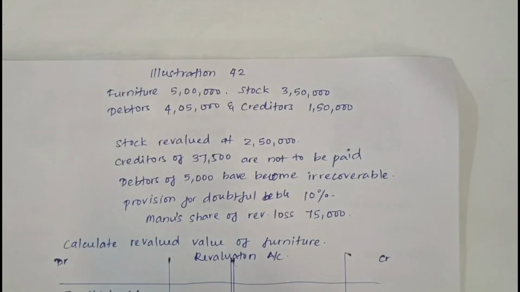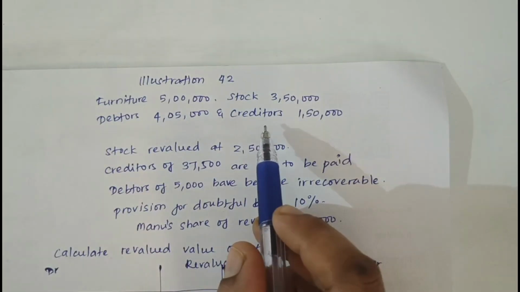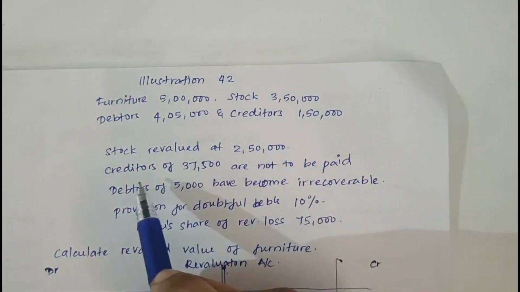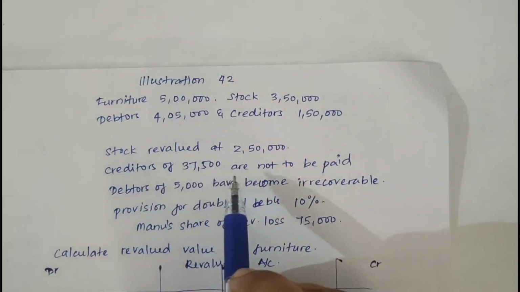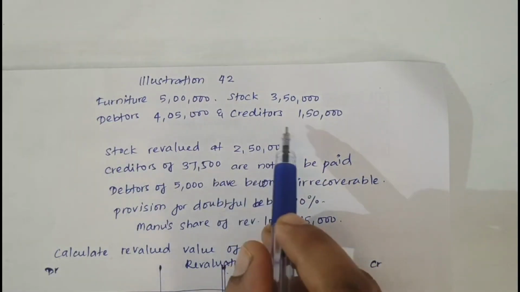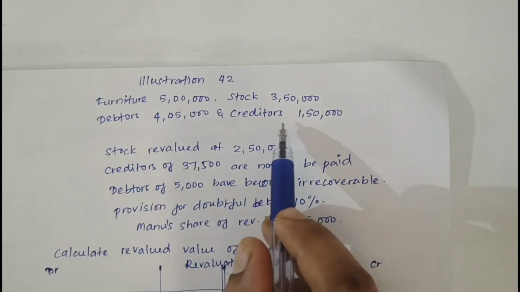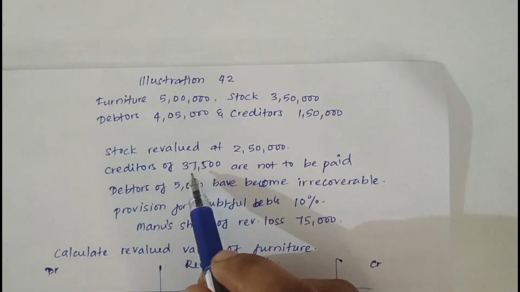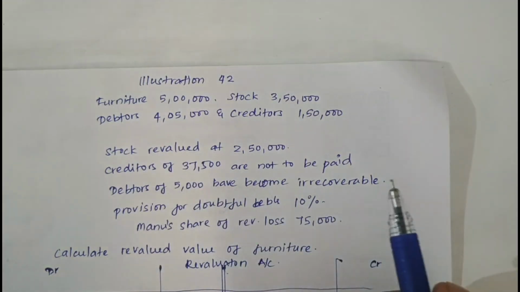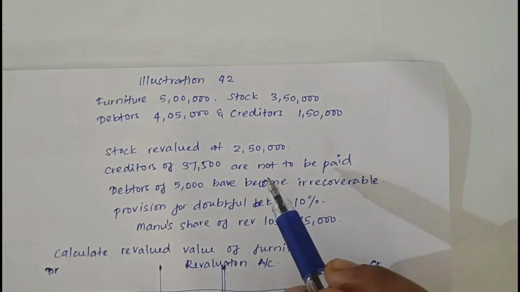The next one is creditors. Creditors is 1,50,000. Creditors of 37,500 are not to be paid, which means we don't have to pay 37,500, which is a good thing. So it is a decrease in liability.